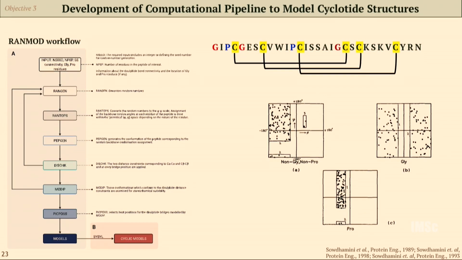And 80% of the time, the omega value, the 3rd random number, is assigned 180 degrees plus or minus 20 degrees, so that you can expect anywhere between 160 to 200 degrees for omega, and 20% of the time the algorithm RAN-mod will assign a cis peptide bond.